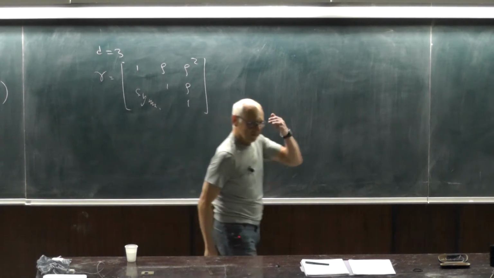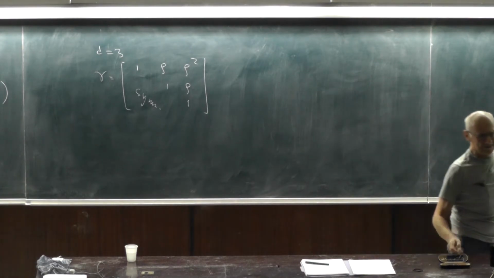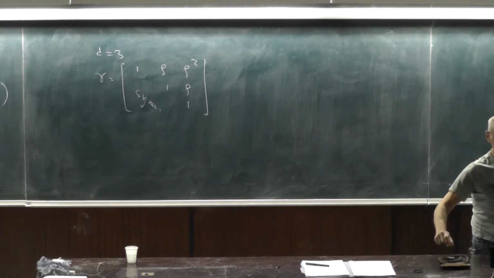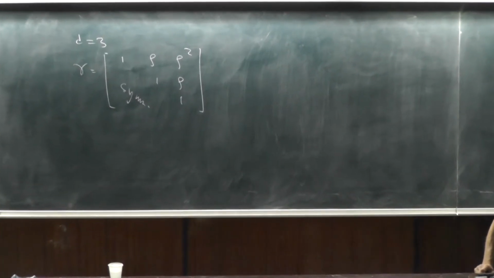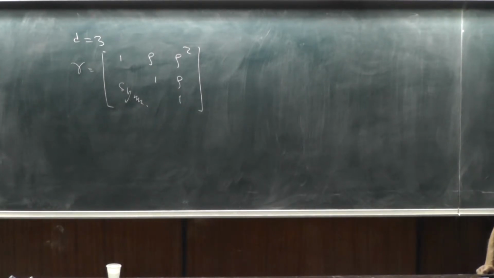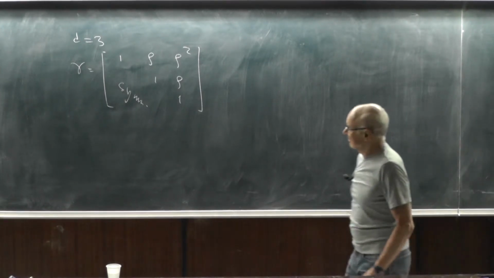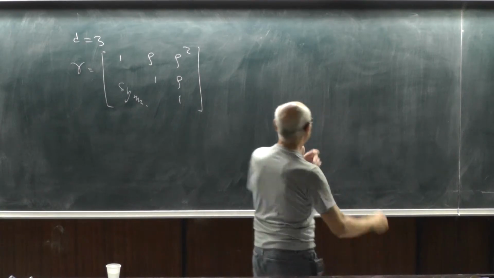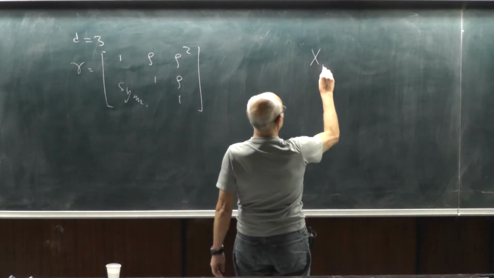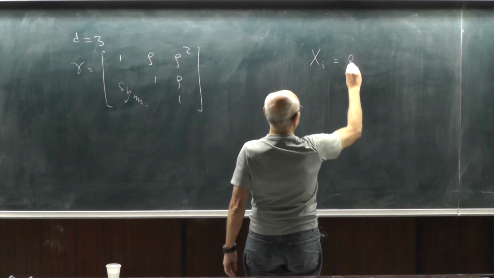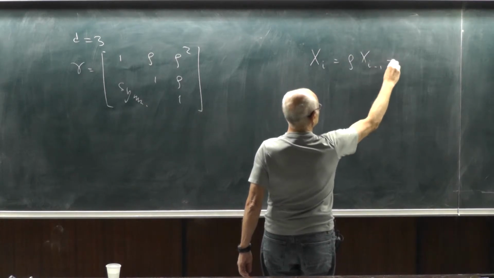This is a matrix. So this is a model basically as a first order Markov correlation type. And let me make a small diversion from it.